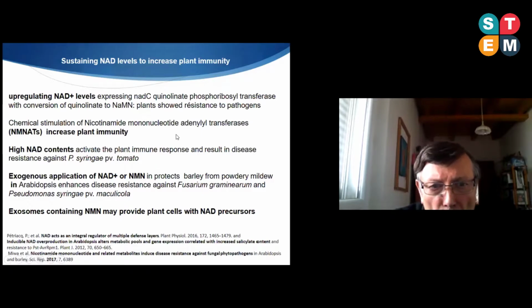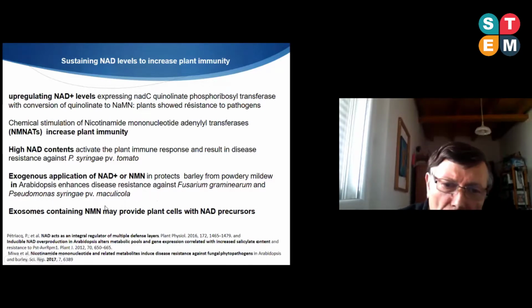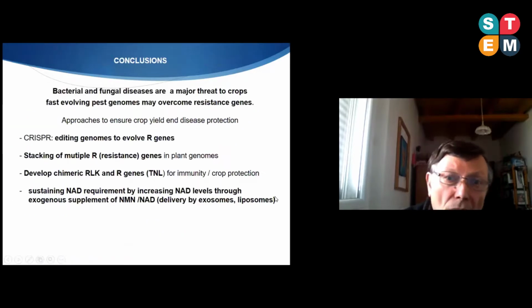It was shown that exogenous application of NAD or NMN protects barley from powdery mildew, and in Arabidopsis protects from Fusarium graminearum and Pseudomonas syringae. Therefore, it is possible to deliver NMN through exosomes or liposomes to provide plant cells with NAD precursors.